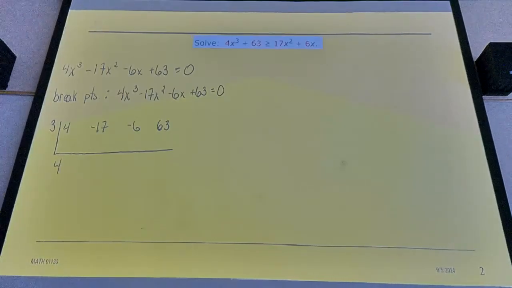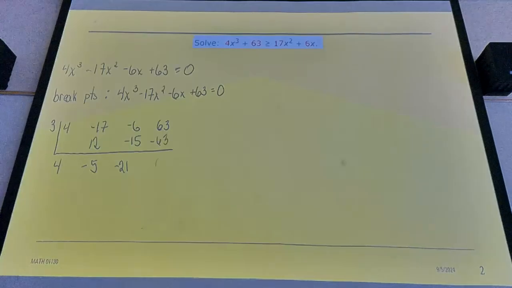Four drops down. Now just 4 times 3 plus -17 times 3 plus -6 times 3 plus 63. We get a remainder of 0, so 3 is a 0, which means x minus 3 is a factor.